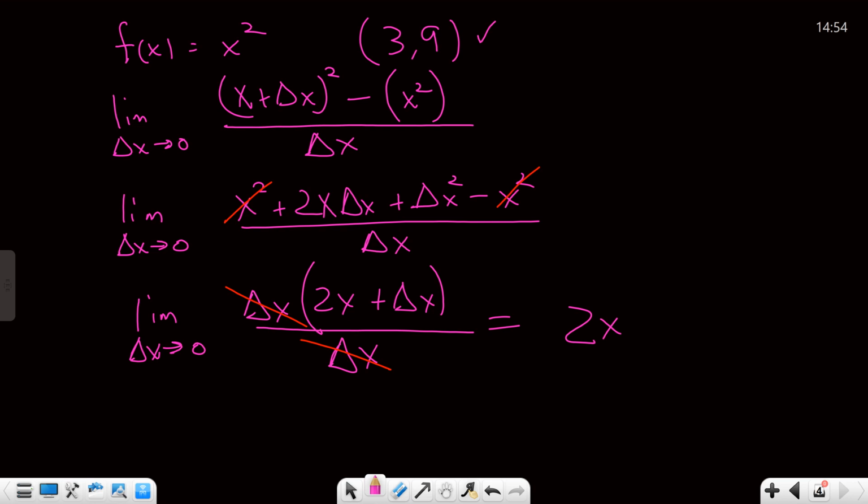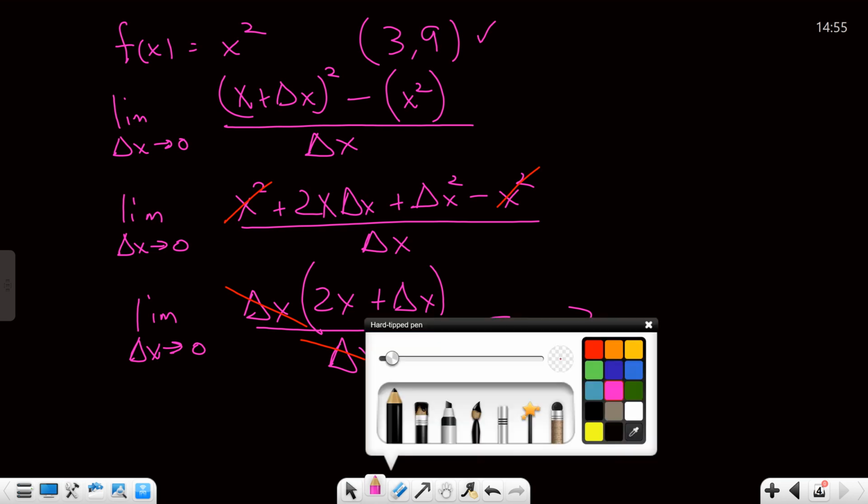How do I find the slope at (3, 9)? Now it's getting really awkward. So do you plug in 3 for the x? Beautiful. Okay.